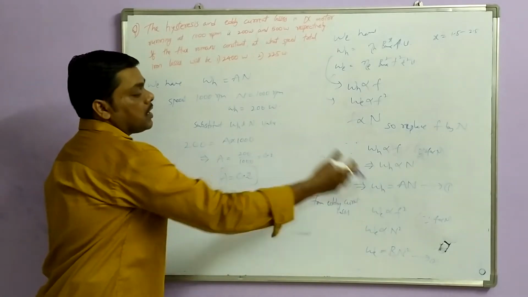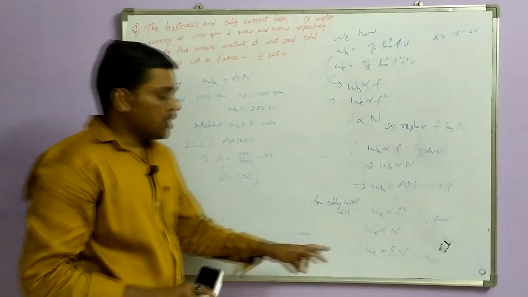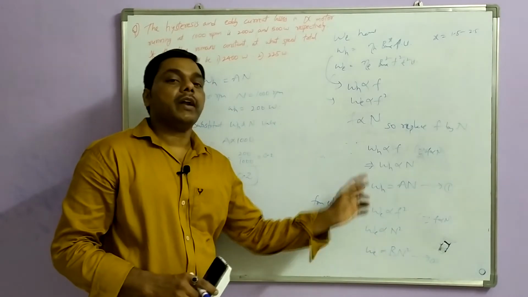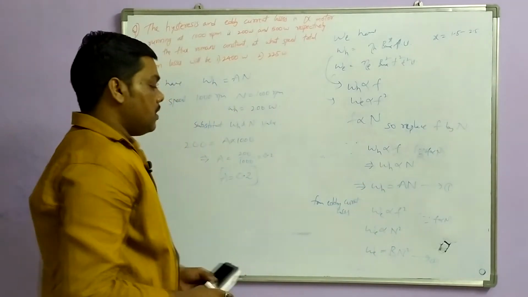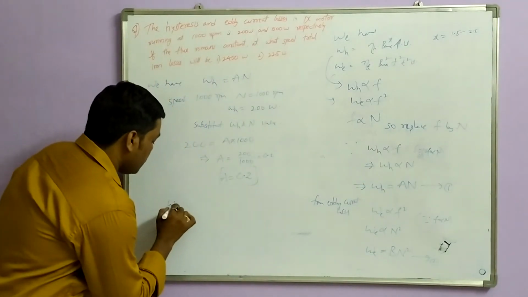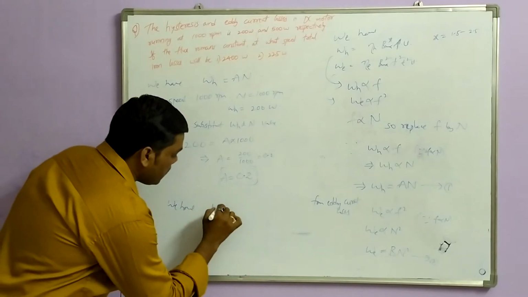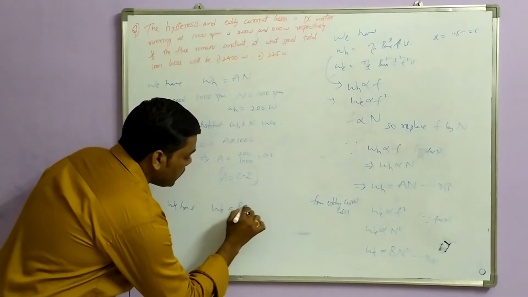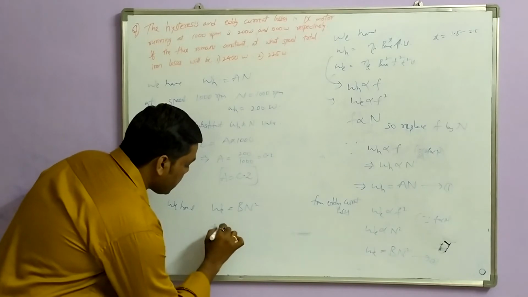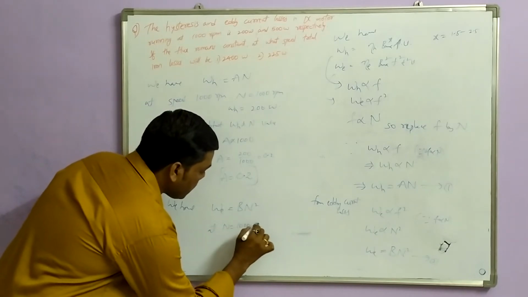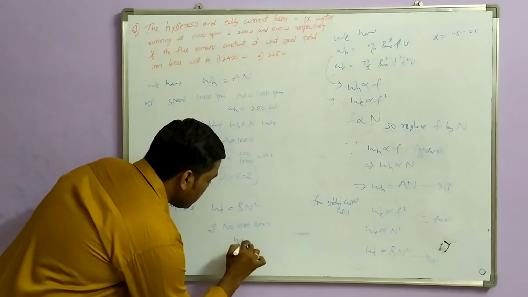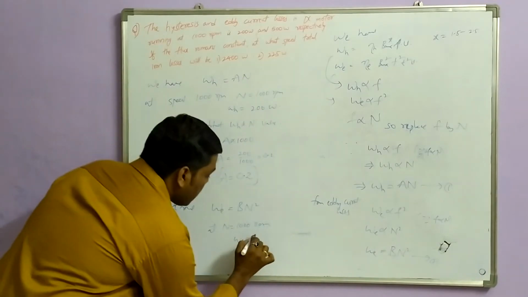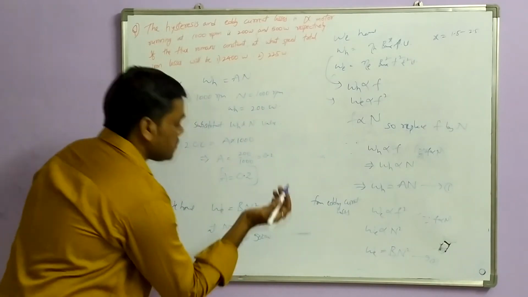Similarly, we find the B value also, so that we can calculate eddy current losses at different speeds. Now we have WE is equal to B into N square. At N is equal to 1000 rpm, WE is equal to 500 watts.